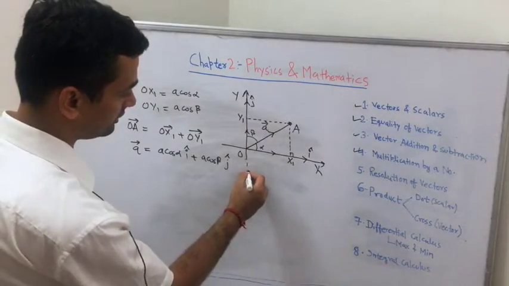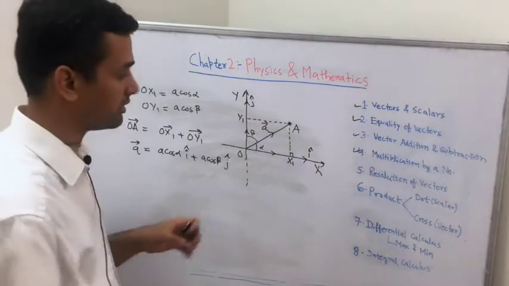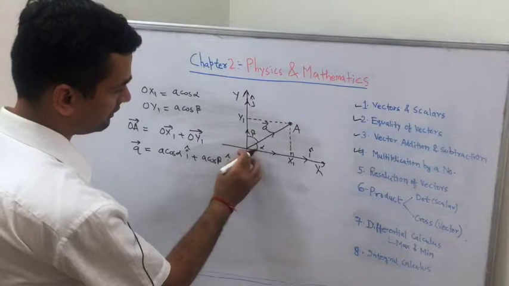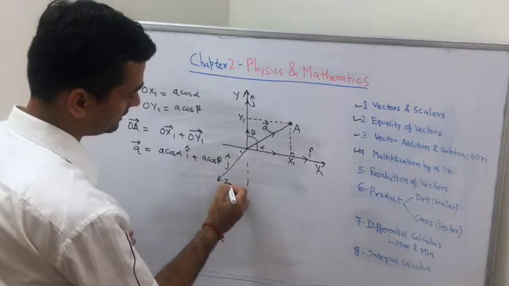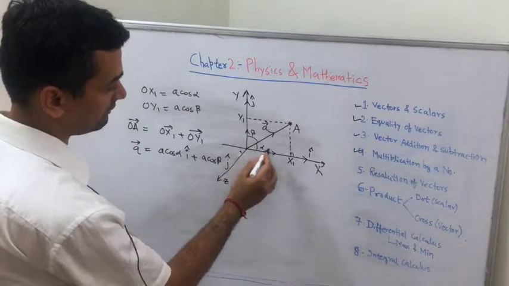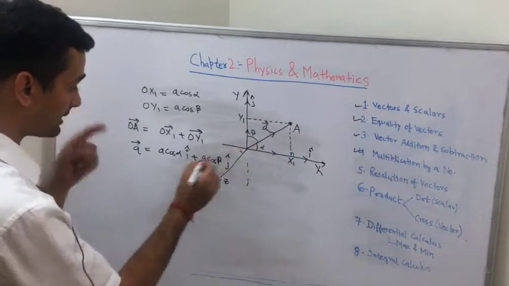And if the vector is a three-dimensional vector, we have a z-axis also, and let's say the angle with the z-axis is gamma.